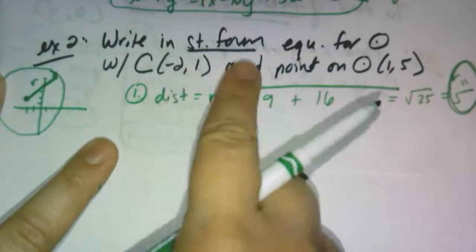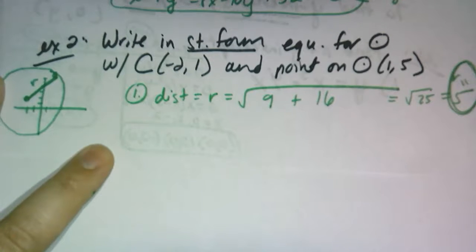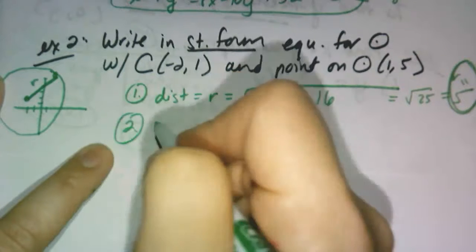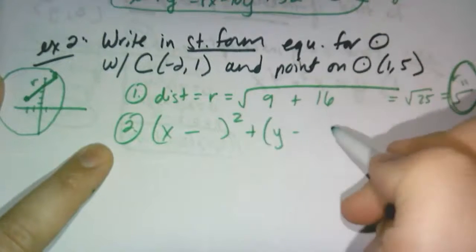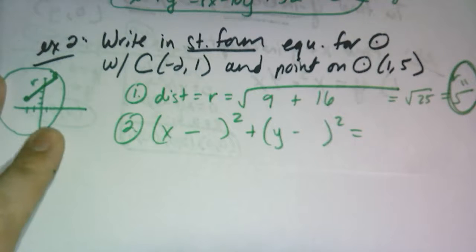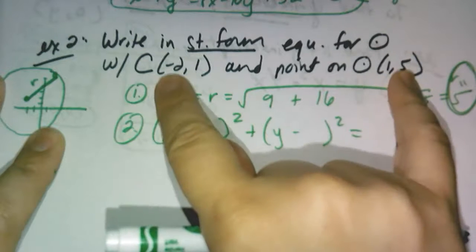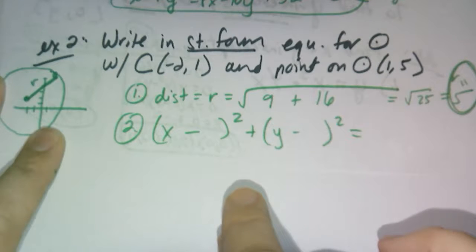So now answer the question. Write it in standard form. I'm not asking you to FOIL it out. So you would write x minus something squared plus y minus something squared equals your r squared. Can't you just plug that point in for x and y like the standard form?